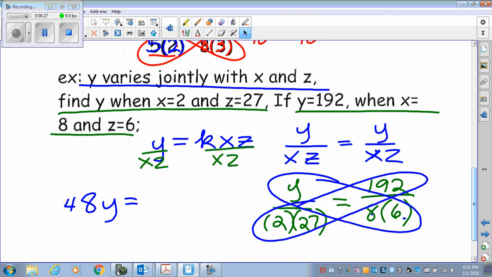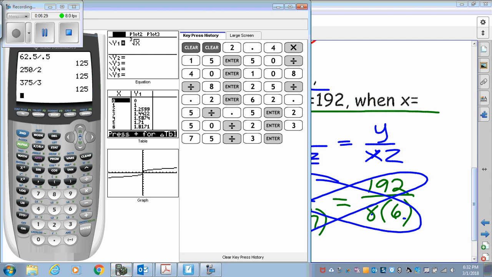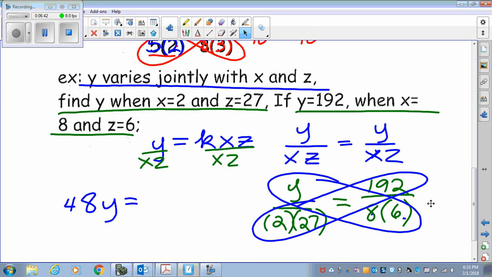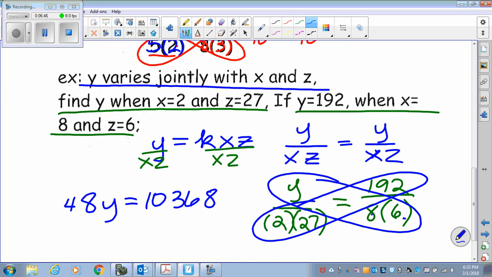And then I'll multiply all this together. So 2 times 27 times 192 is 10,368. All right, divide by 48.